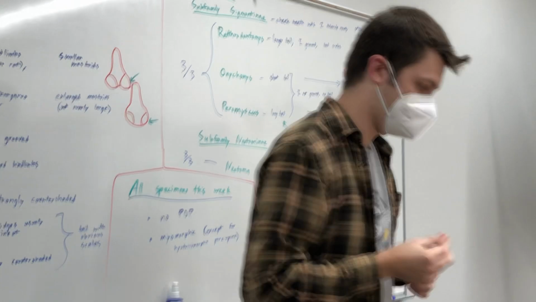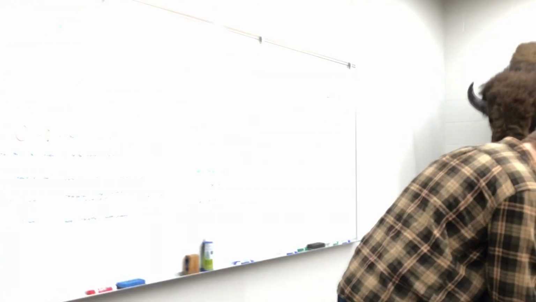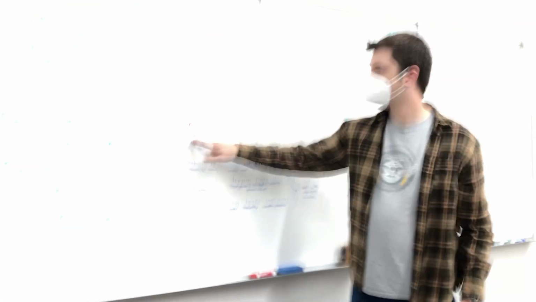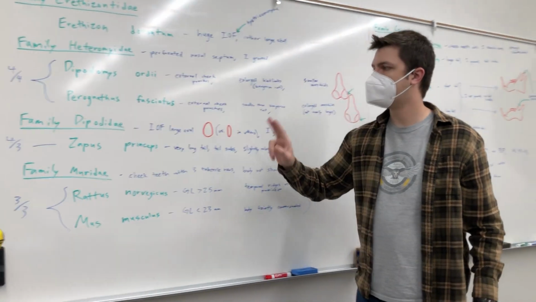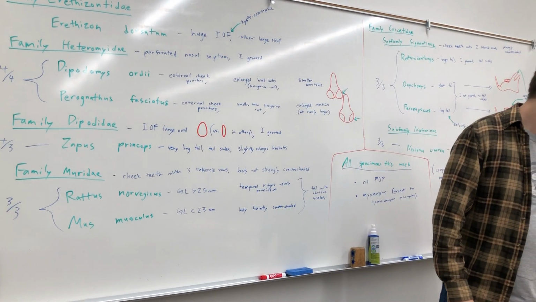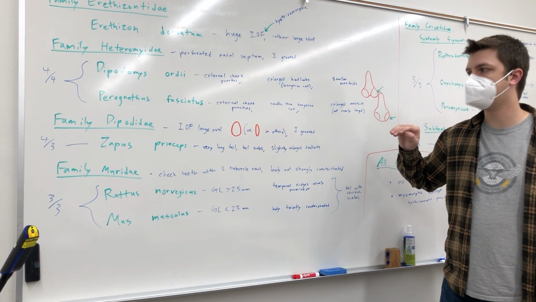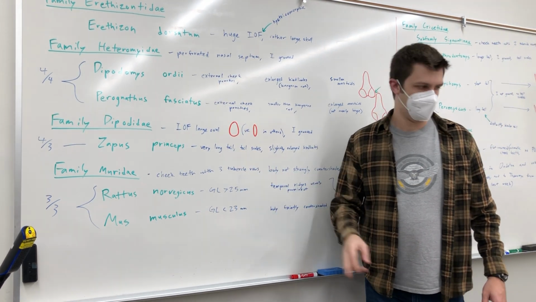And the upper incisors are also grooved. So we've got large infraorbital foramen, grooved incisor, number of cheek teeth. We should be able to figure out that it's this family. The only species in this family that we're asking you to ID is Zapus princeps.